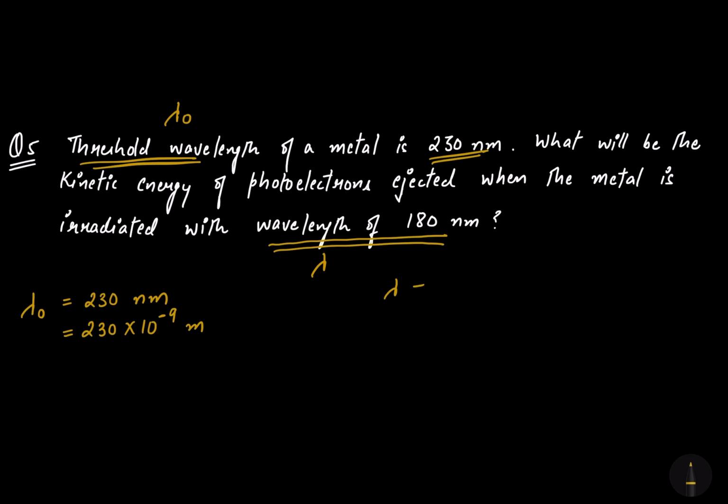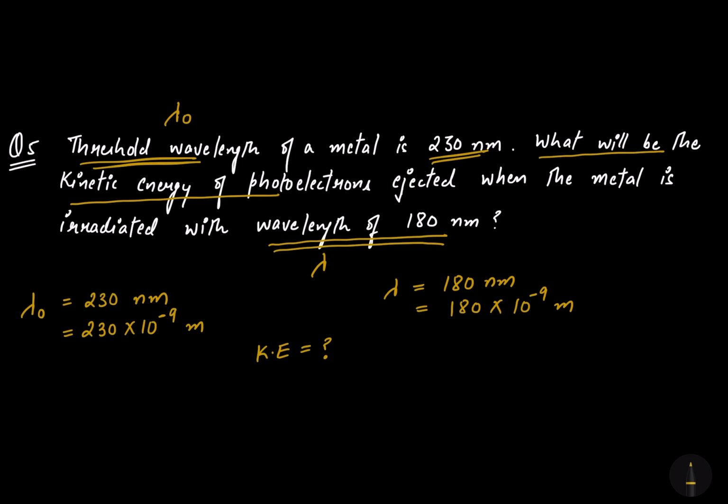Now lambda is 180 nanometers, and it comes out to be 180 into 10 to the power minus 9 meters. In the question, he is asking what will be the kinetic energy of the photoelectrons emitted. We have to evaluate the kinetic energy of the electron that has been emitted.